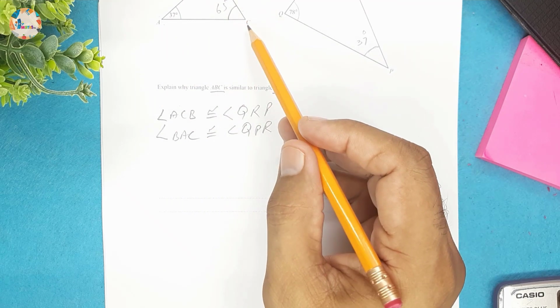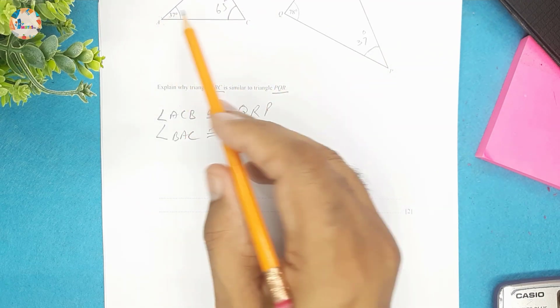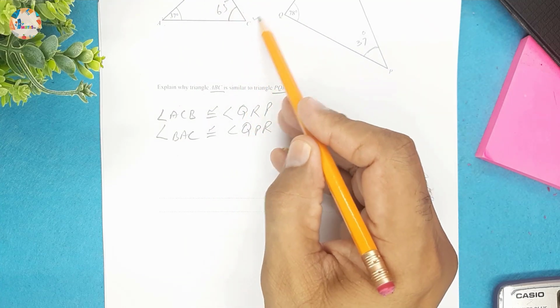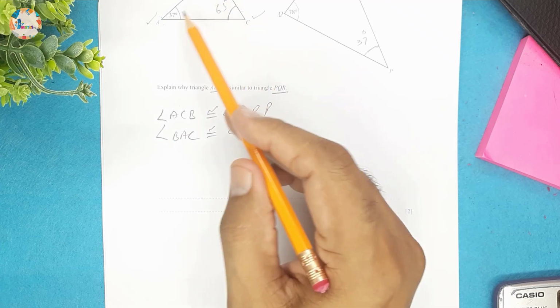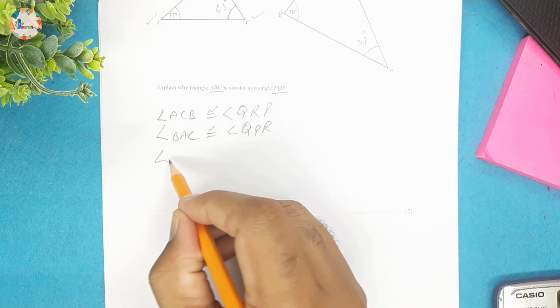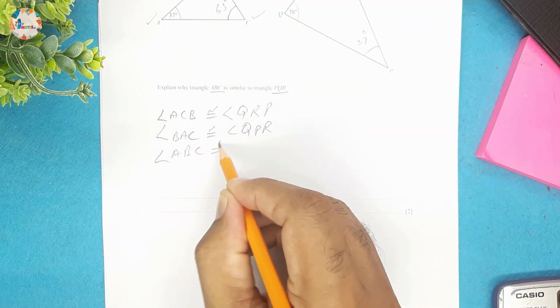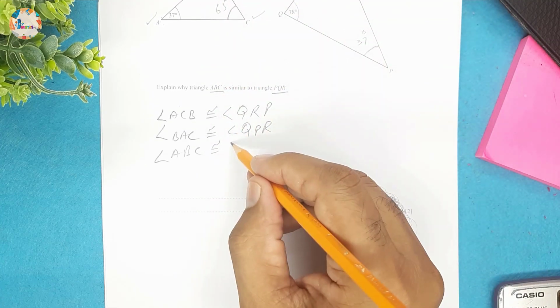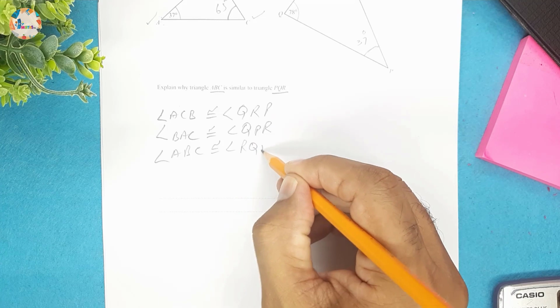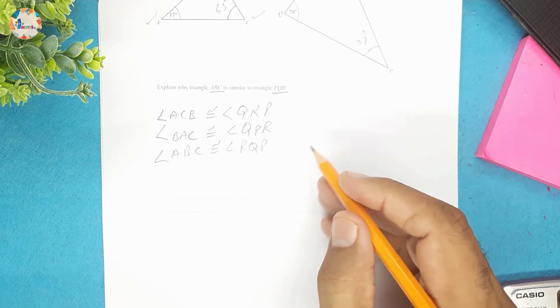So the remaining angle is basically ABC. We have done ACB, and BAC we have done. So only this one is remaining, ABC. So angle ABC will be congruent to this, which is 78. So this will be RQP. So angle RQP. So all three angles are congruent.